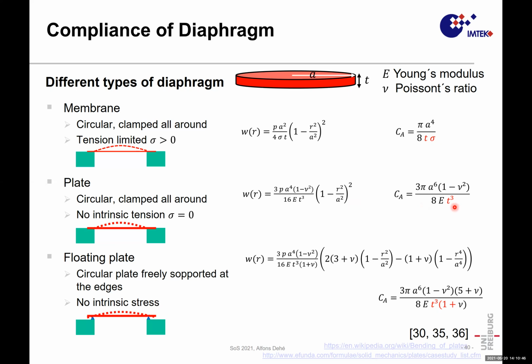It sounds like if you can make this, you can generate very sensitive diaphragms because the parameter thickness is a good chance. But keep in mind, if you have variations in thickness due to production, you also have variations in your mechanical compliance. So this is always a trade-off finally. And then finally, there's a third version, which we call the floating plate.